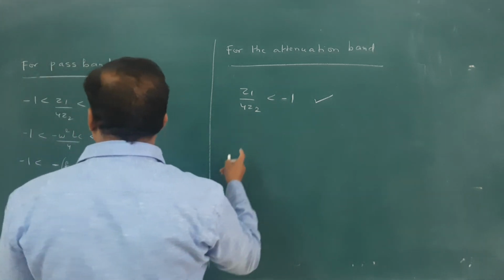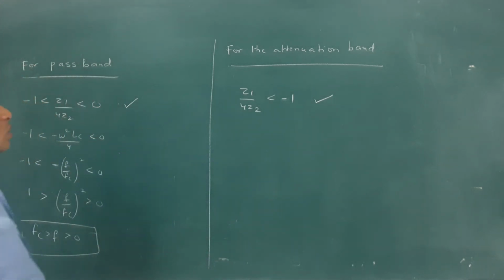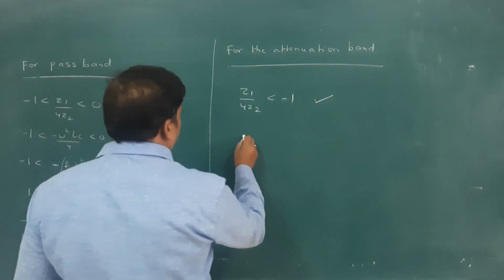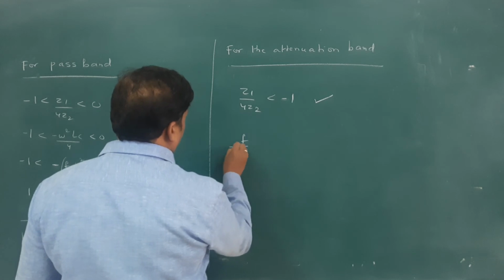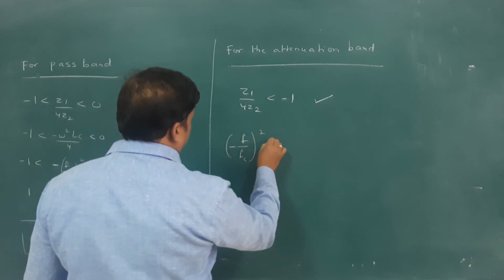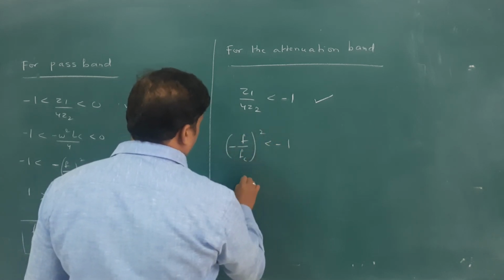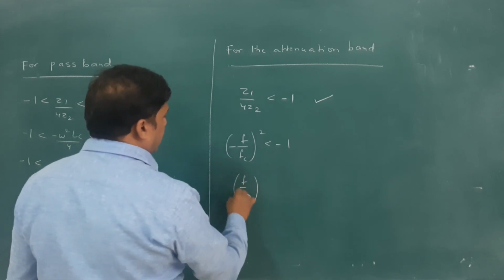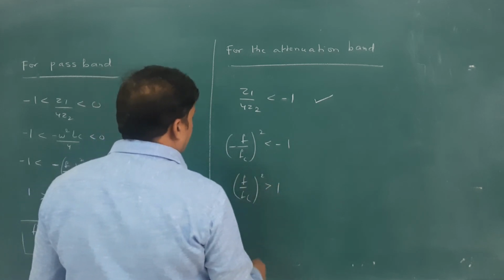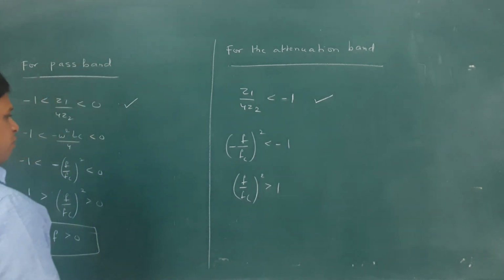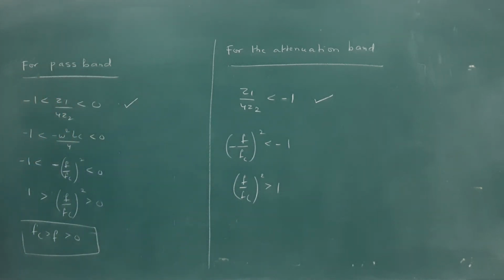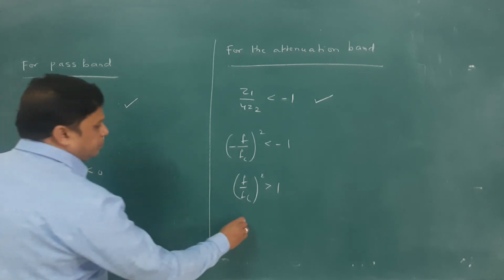Now we have seen z1 by 4 z2 is equal to (f by fc) whole square, that is omega square LC by 4, and from the derivation we can get f by fc. So here f by fc whole square is greater than 1, nothing but f by fc is greater than 1.